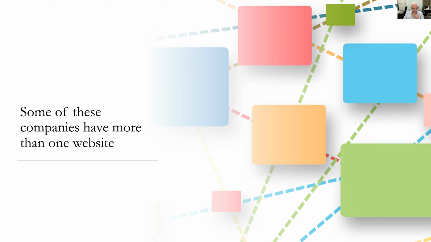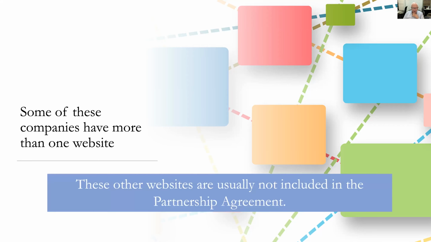It does give us a tremendous amount of resources that are available, but does not by any means answer all the resources that are out there on the internet today, and that's still sitting in paper in different archives. And these other websites, as I mentioned, are not included in the partnership agreement. So we don't get access.